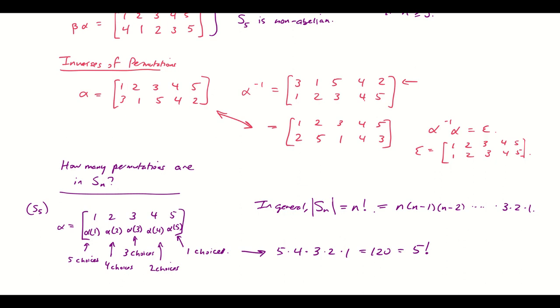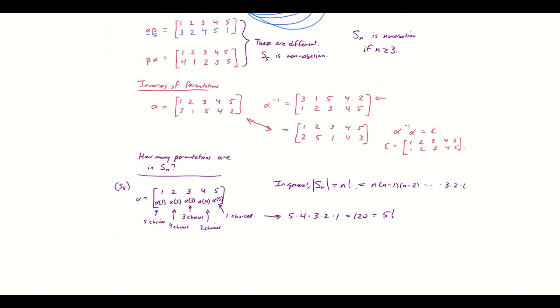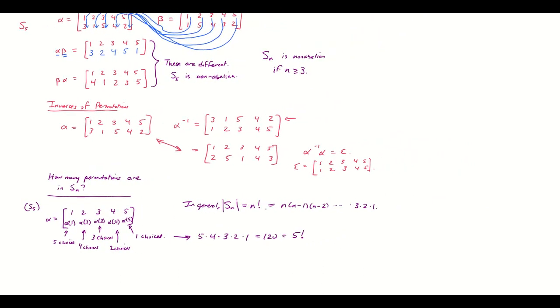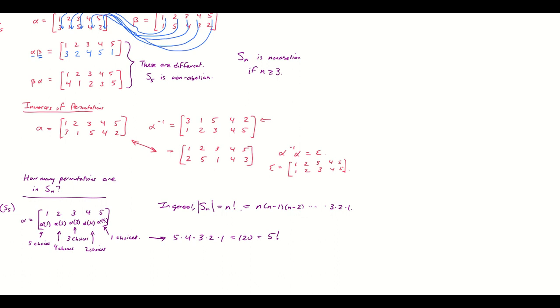Now let's talk about one more notational system. For this, I'm going to back out a little bit so I have some room to work, but I'm going to use some of the same permutations I wrote down earlier. So let's again take alpha to be this permutation: 1, 2, 3, 4, 5 gets sent respectively to 3, 1, 5, 4, 2.